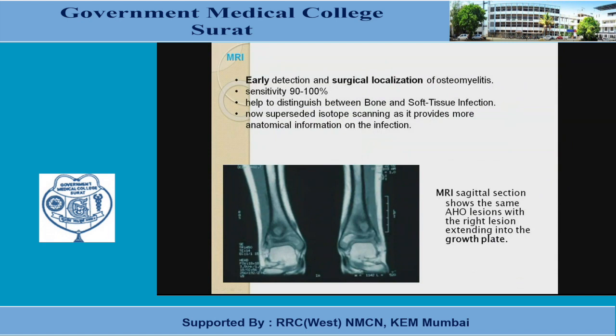It helps distinguish between bone and soft tissue infection. This lower image is an MRI sagittal section showing the same lesion extending into the growth plate. So MRI is very helpful in the initial phase when X-ray cannot diagnose the infection.